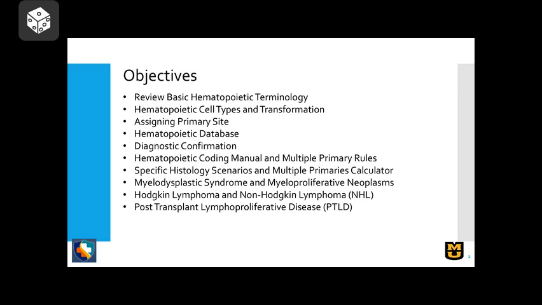And we'll go over some specific histology scenarios and the multiple primaries calculator, myelodysplastic syndrome and myeloproliferative neoplasms, Hodgkin lymphoma and non-Hodgkin lymphoma, and finally, post-transplant lymphoproliferative disease.